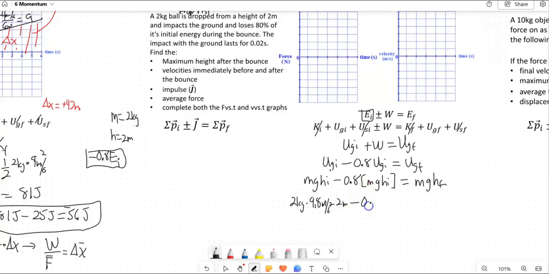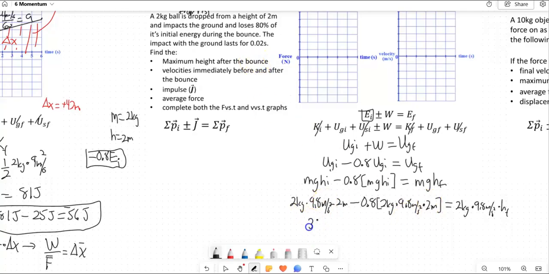And this is going to be 0.8 times 2 kilograms times 9.8 meters per second squared times 2 meters, and that is going to be equal to 2 kilograms times 9.8 meters per second squared times the final height that we need to solve for, because we want the maximum height after the bounce.